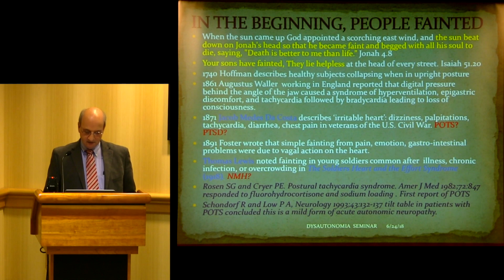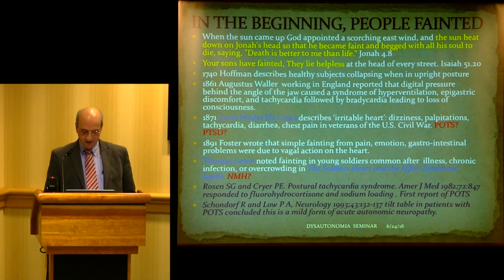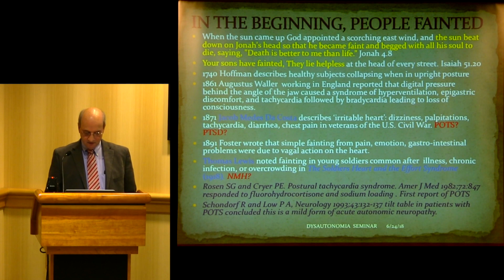So issues about dysautonomia go back to the time when God saw Jonah faint as the sun beat down upon his head. And these biblical references, of course, just show you how long we've known about people who have loss of consciousness without any obvious reason and spontaneously recover.